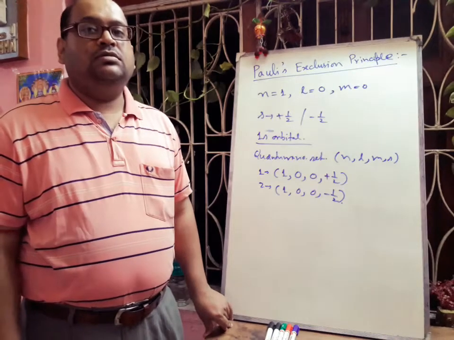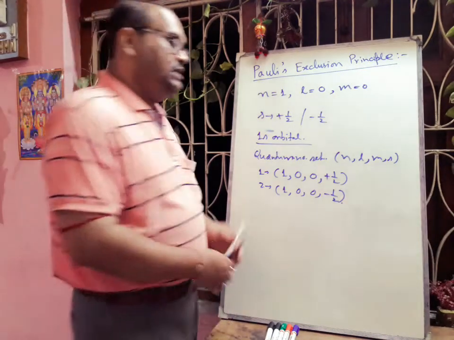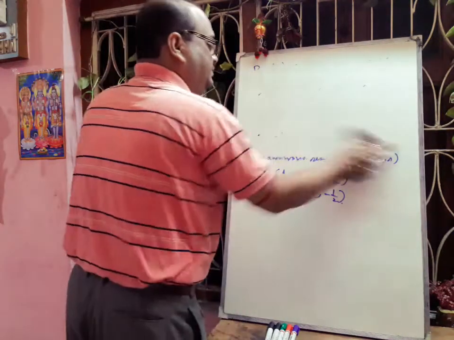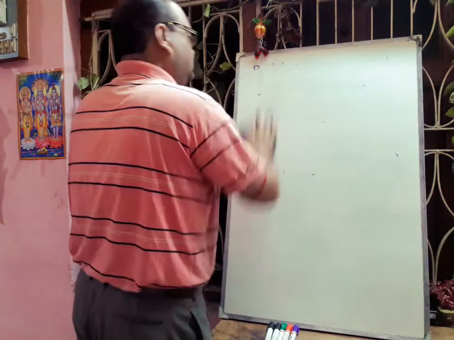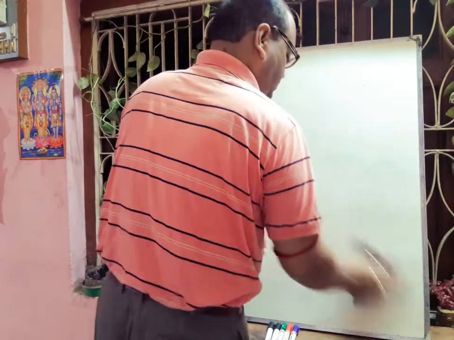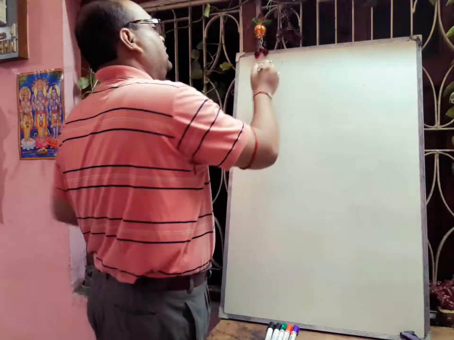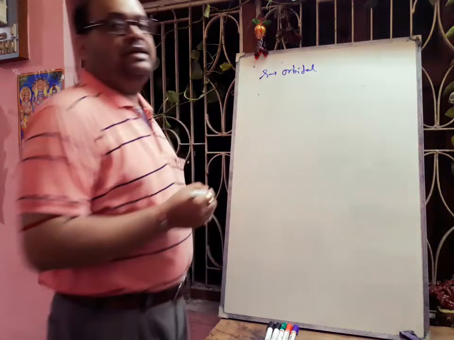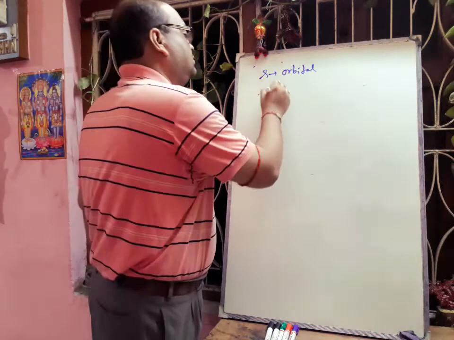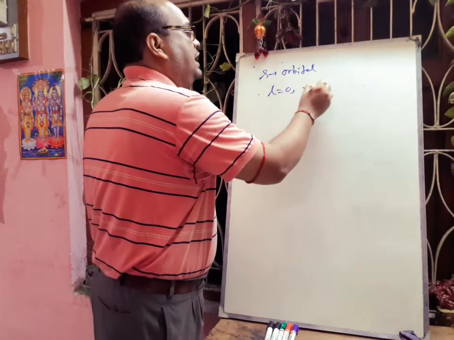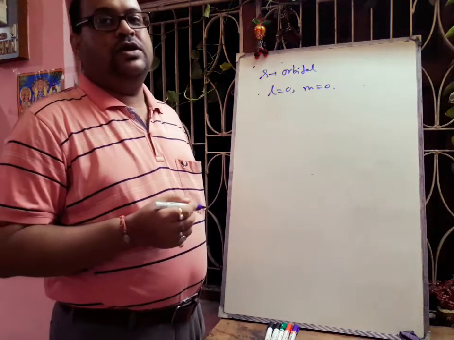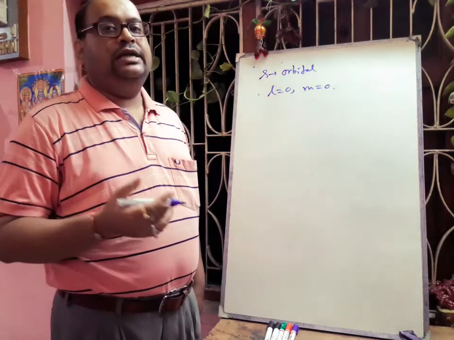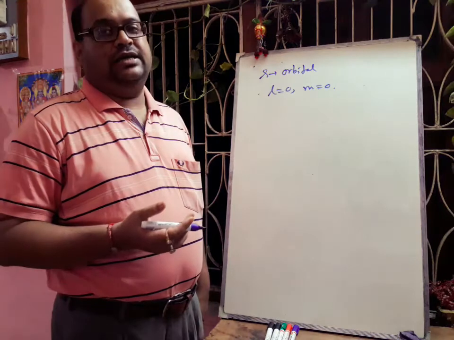Now we discuss the shape of the s orbital. For s orbital, we know that L is equal to 0 and M is also equal to 0. So the s orbital is non-directional and is spherically symmetrical in shape.